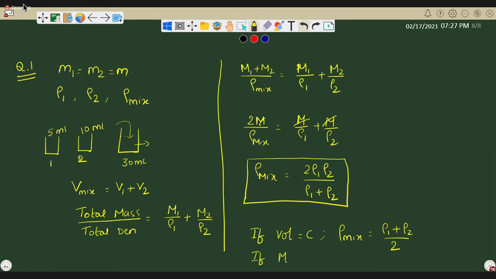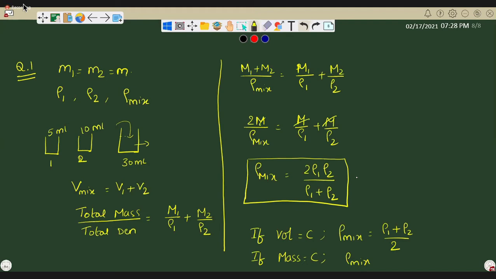If masses are constant, then rho mixture is equal to 2 rho 1 rho 2 divided by rho 1 plus rho 2. Clear? Yes, sir. Shall I go to the next one? Yes, sir.